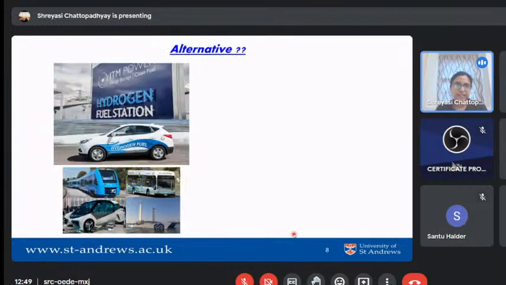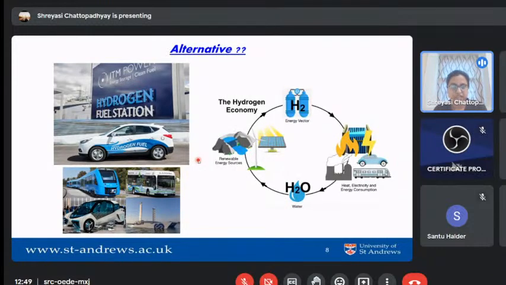So what is next? Now we have to think about alternative energy. What is that? This is hydrogen. Hydrogen is a very environment friendly fuel, and now the research on hydrogen fuel is very emerging. Many research groups all over the world are trying to produce hydrogen in different ways.